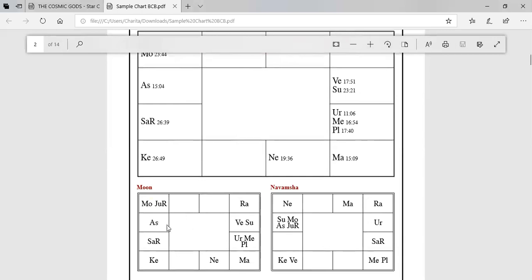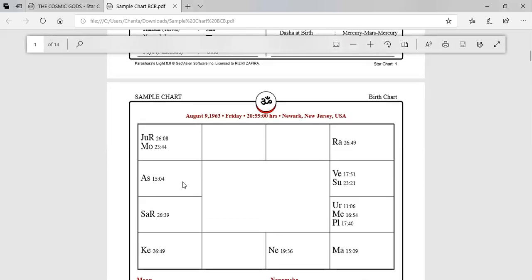So let's just say we forget this moon chart here. We're only looking at this chart. Let's just say a person doesn't know their birth time and the ascendant sign is just placed here, right? They're not going to pay attention to this as the first house.